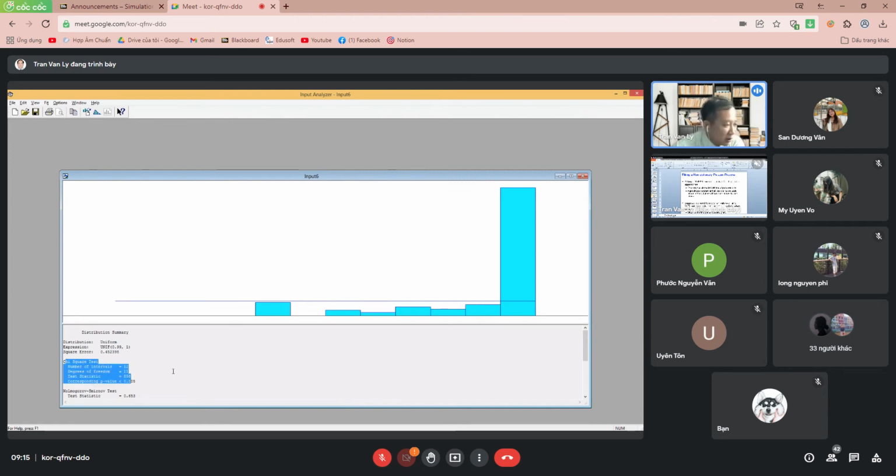Hello, Ian or Sam, did you see the chi-square test here? Did you see? Yes. Okay, you can see the corresponding p-value. Not too small. Okay, and the KS test corresponding p-value also. Oh, you summarize it here.